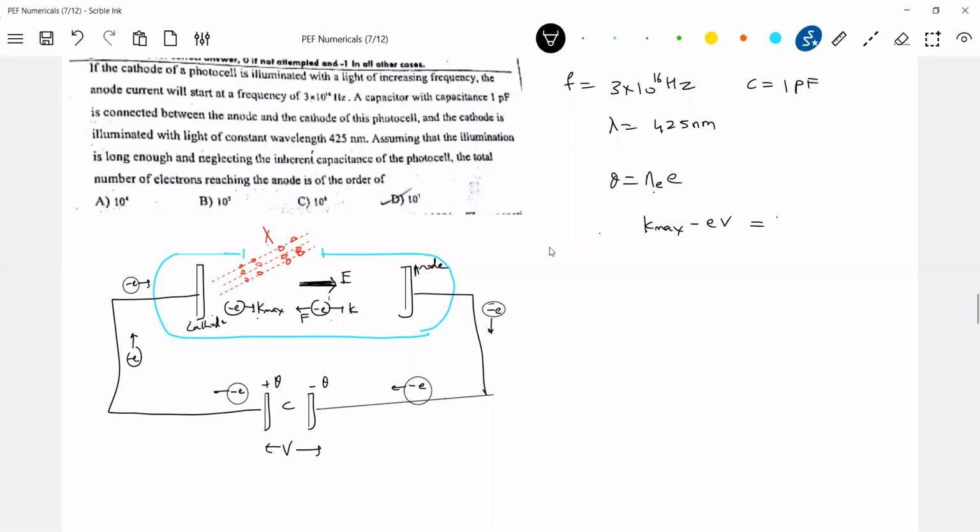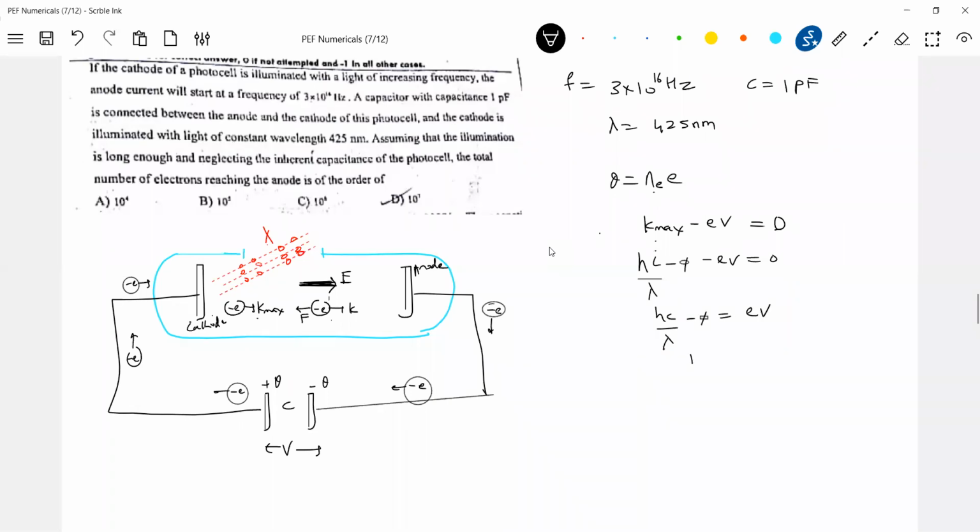Finally, just before reaching the anode, they'll come to rest. So K max is what? For a constant wavelength, hc by lambda minus work function is equal to e into V.